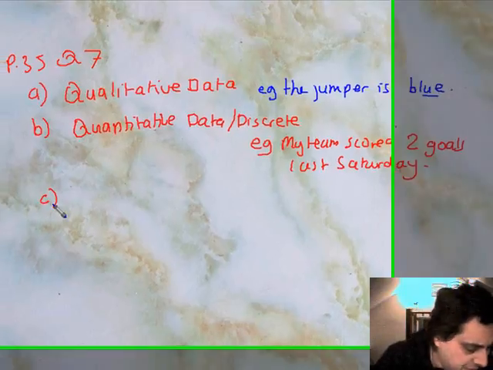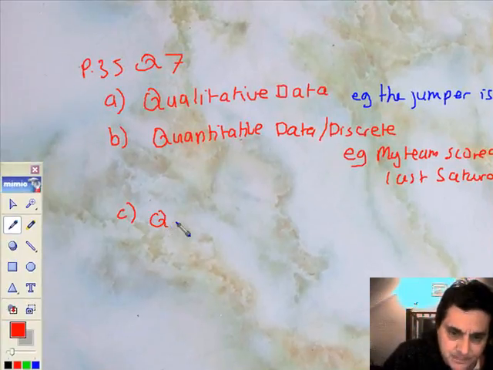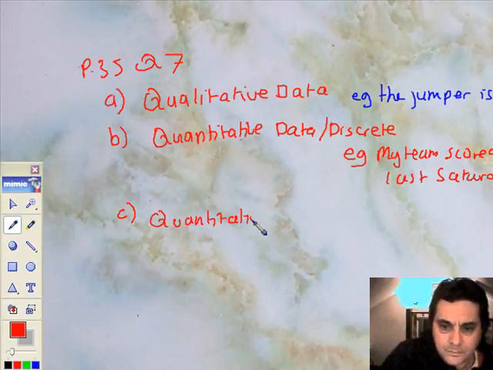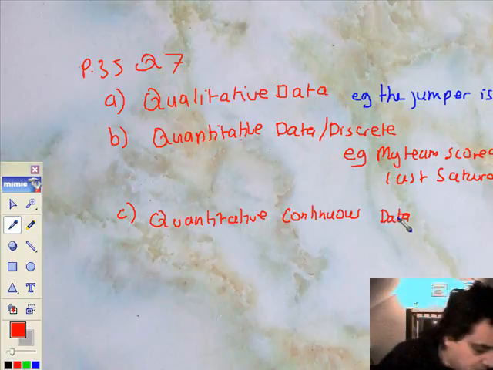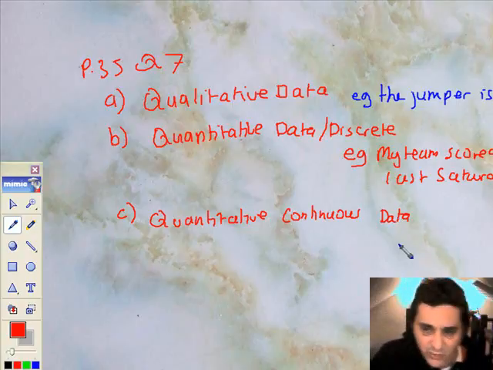Part C of question 7, they want something quantitative and continuous data about the launch of a space rocket.